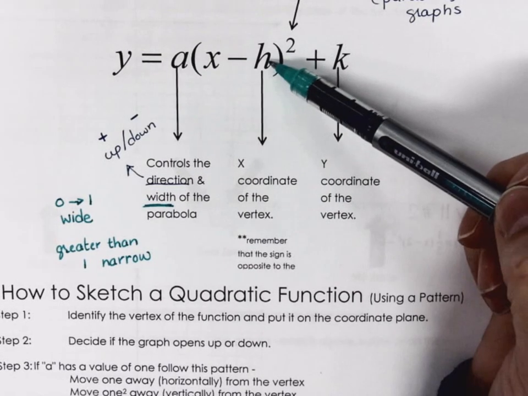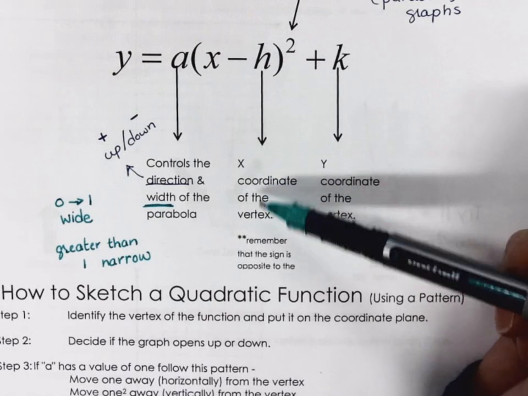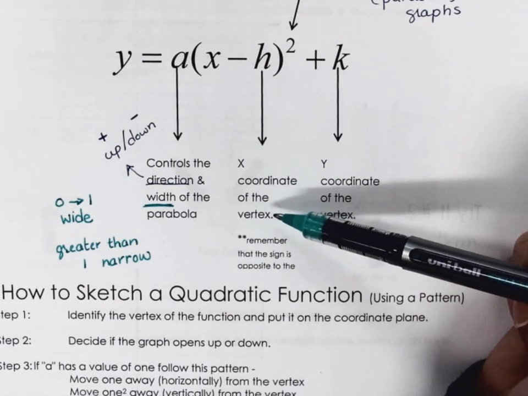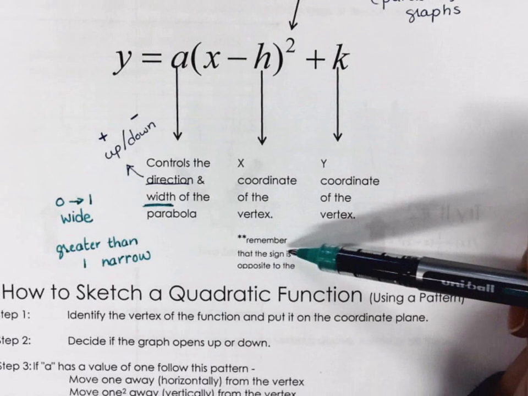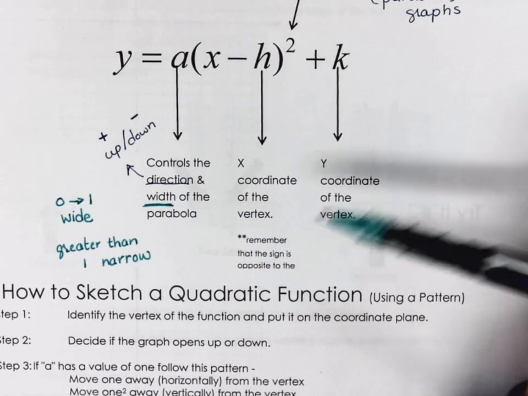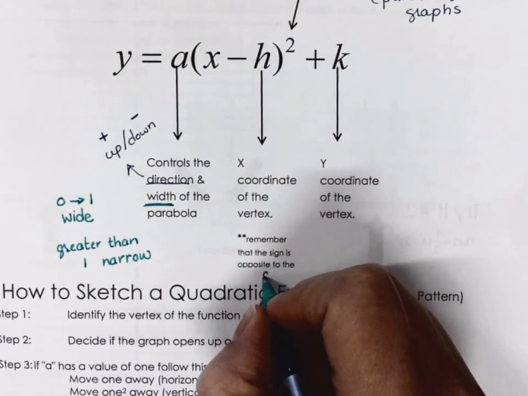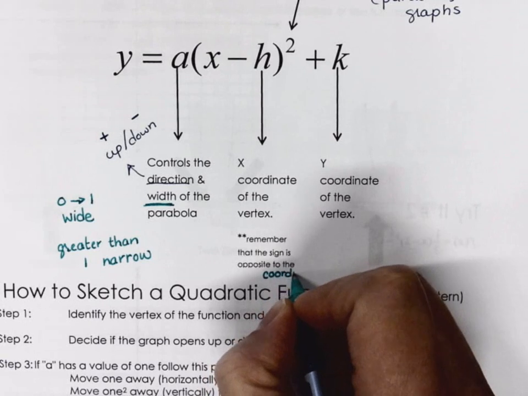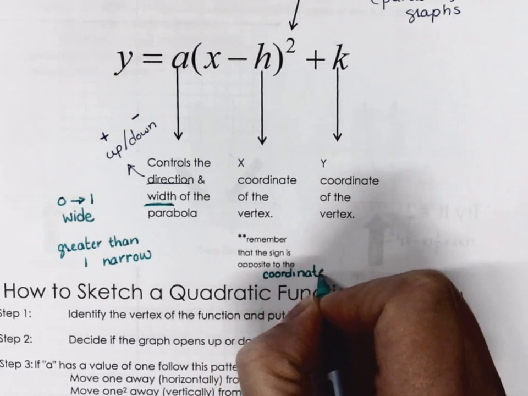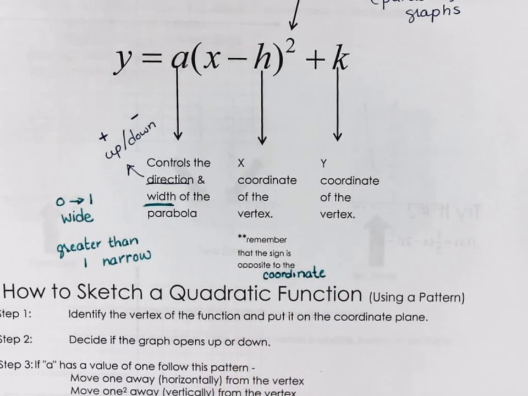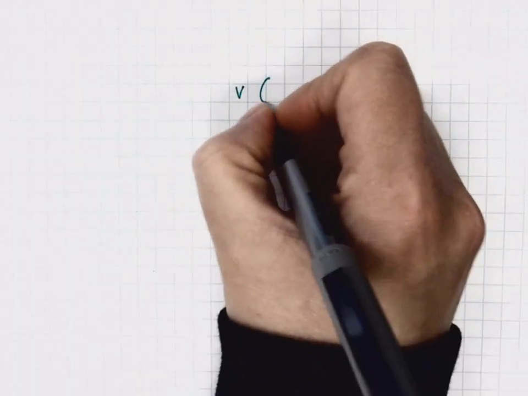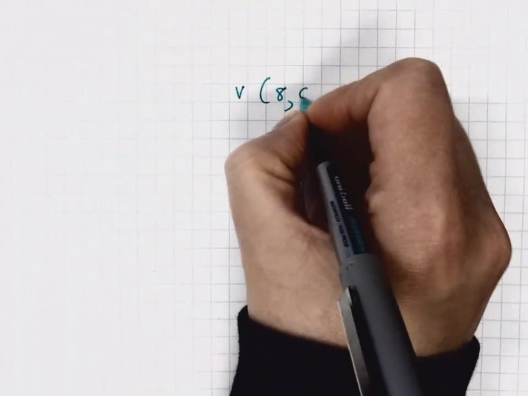So, okay, h represents the x-coordinate of the vertex. Remember that the sign is opposite to the coordinate. So this was a question from 3.0. It said, create an equation where the vertex is at (8, 0). So you knew your vertex was at 8 and 0.